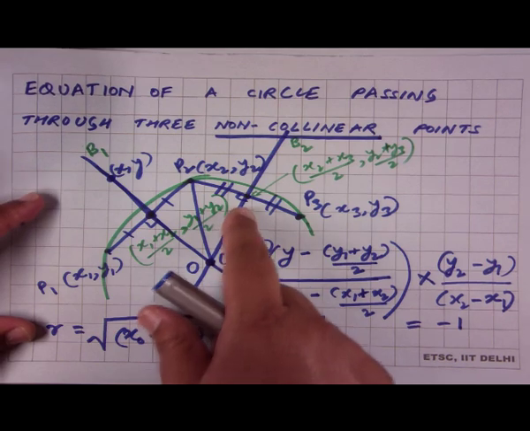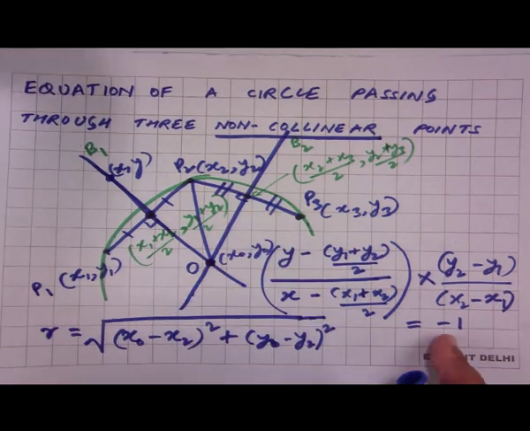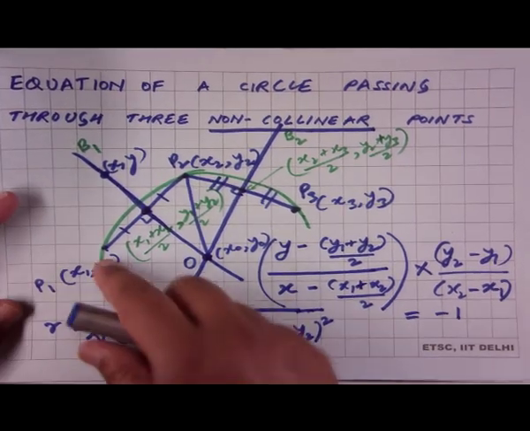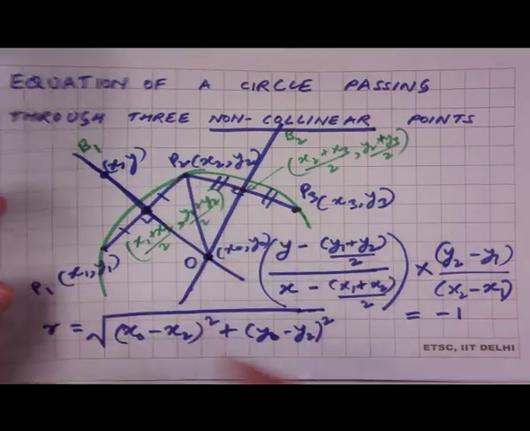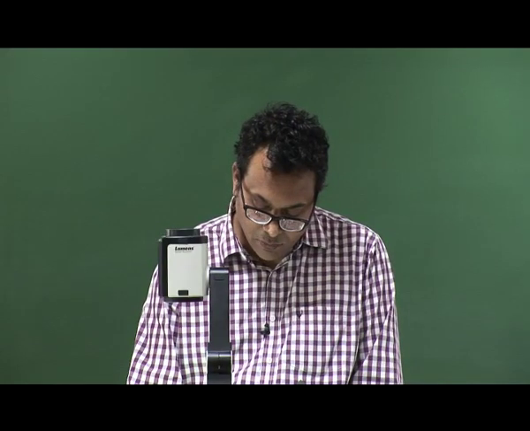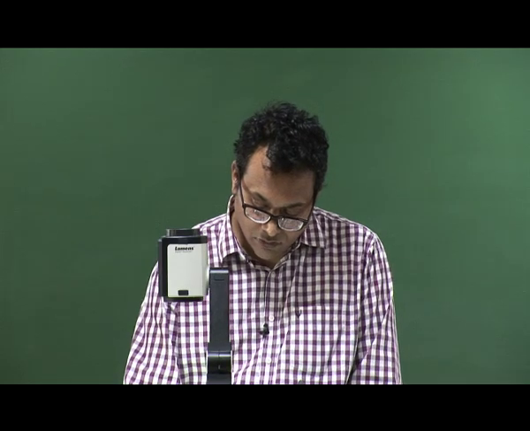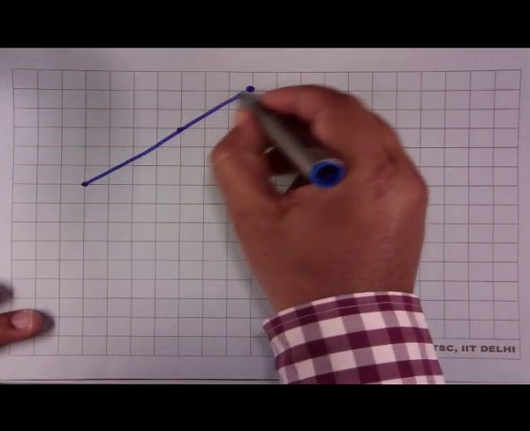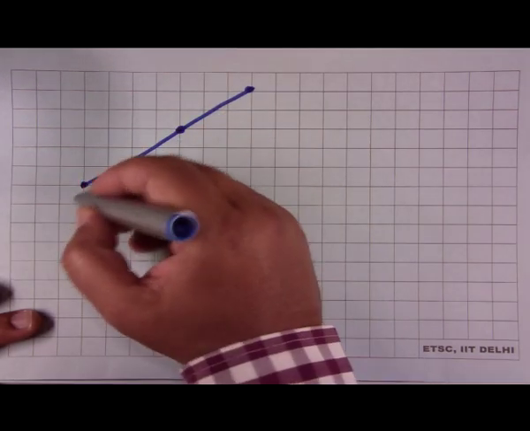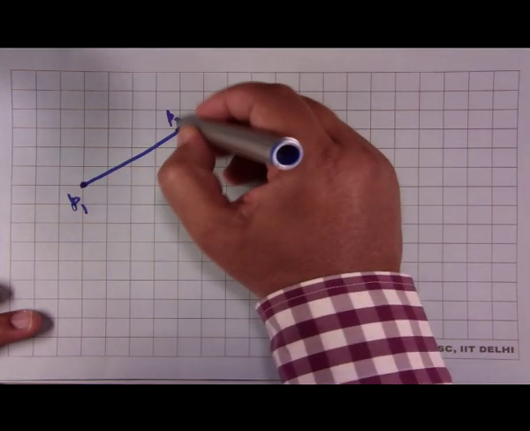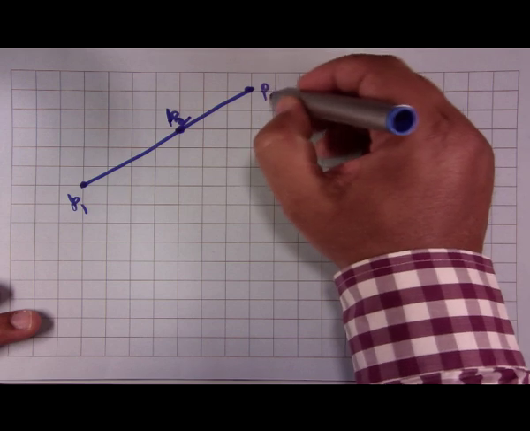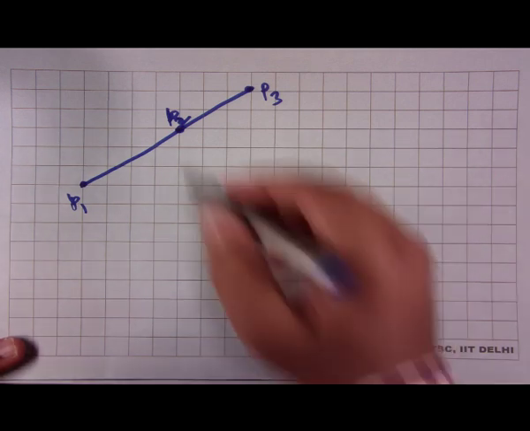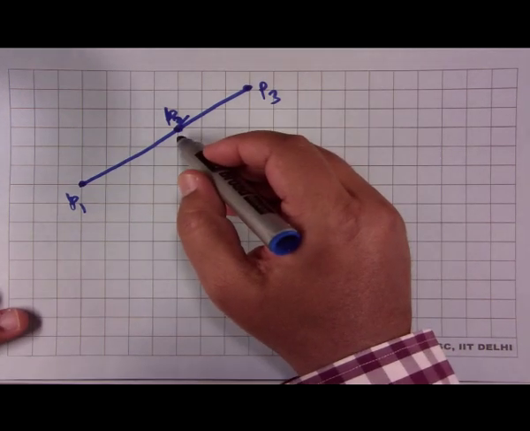It should not be very difficult to see that, because let us say, what if these 3 points were collinear, that is, they were on the same straight line, then we will show that they can never lie on the same circle.